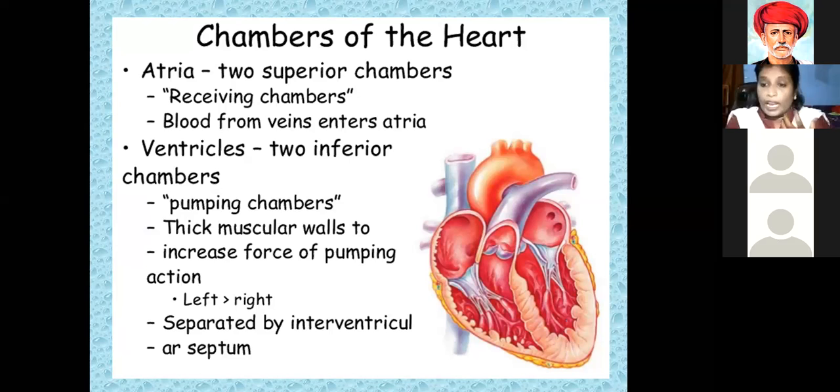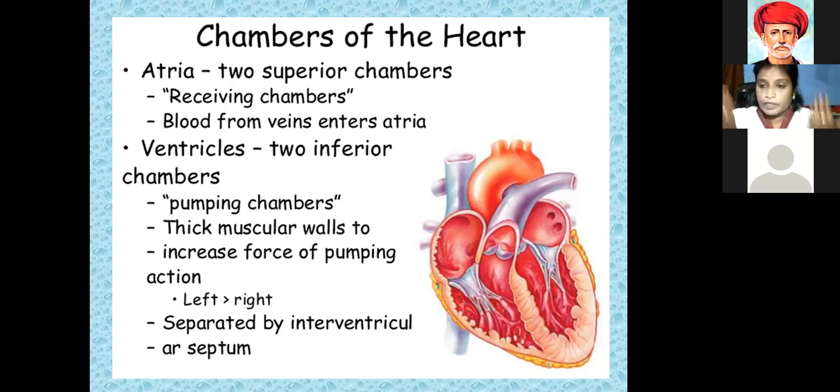Why? Because of pumping and receiving blood, contraction and relaxation happen inside them. Next, auricles and ventricles work separately during the activities. Two chambers are receiving the blood, and the other two chambers are pumping the blood.